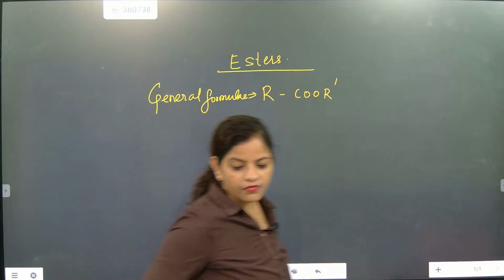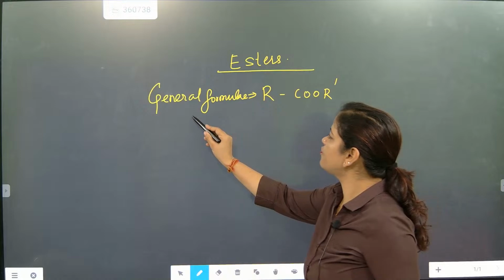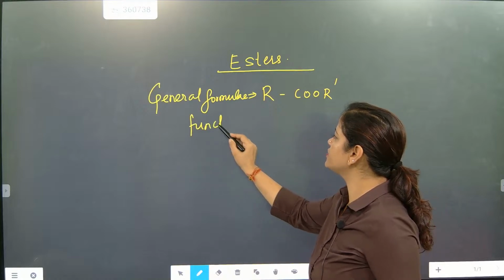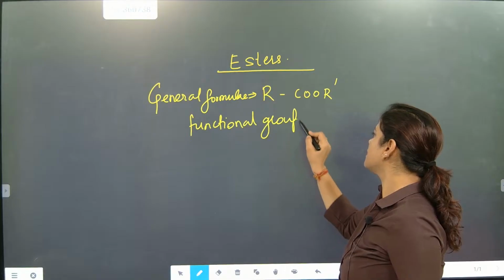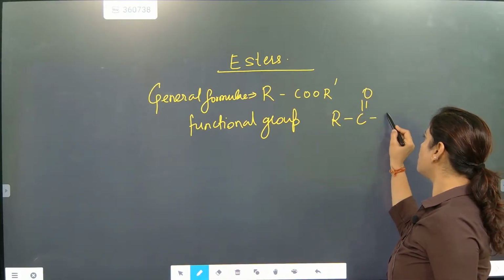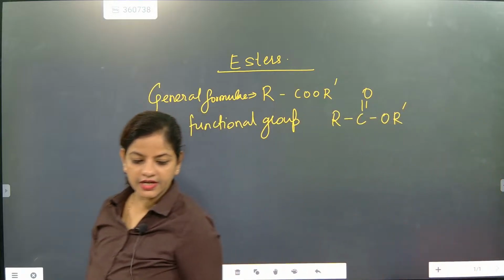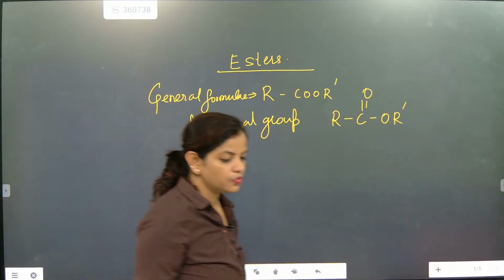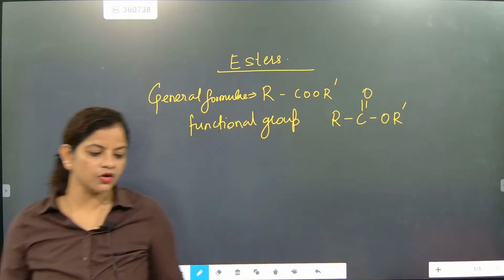So now we are going to write the name. How to write the functional group? To write the functional group, we write R, C, O, O, R dash. Note down. This is a way of writing the functional group. I hope you might have understood. Got it?